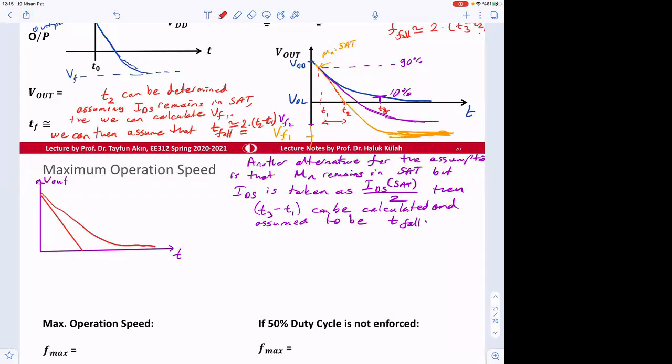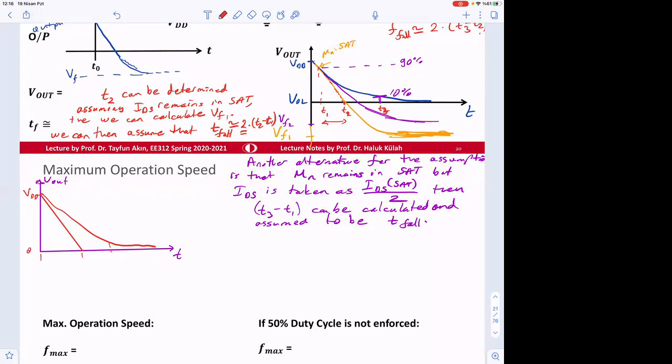And so, coming here and then calculating this one from VDD down to 0 is another thing.